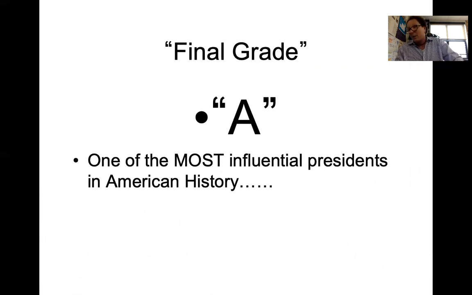He's usually ranked number 4 or number 5. Theodore Roosevelt was truly a remarkable person and an outstanding president.